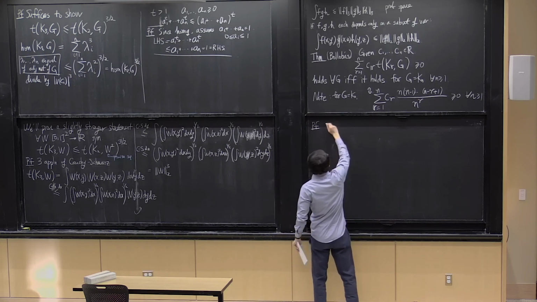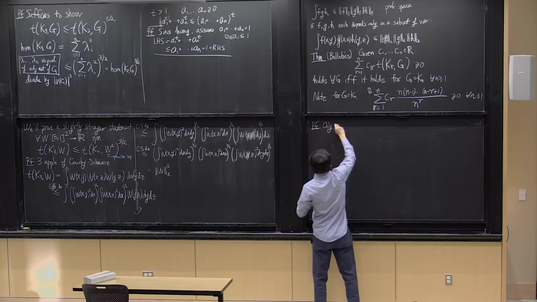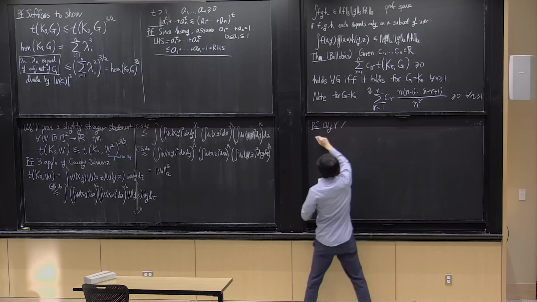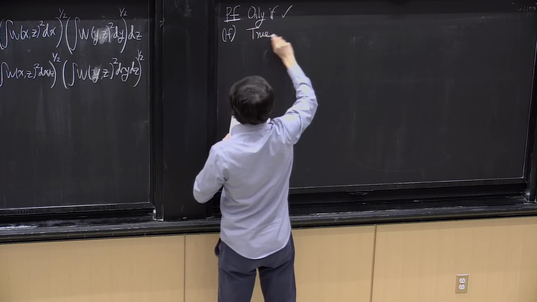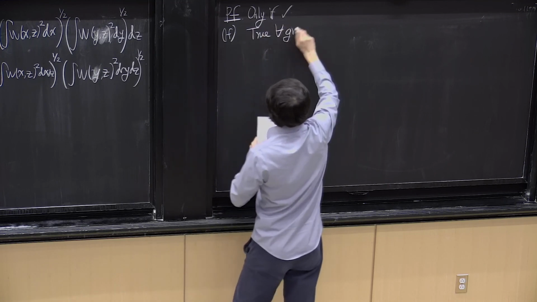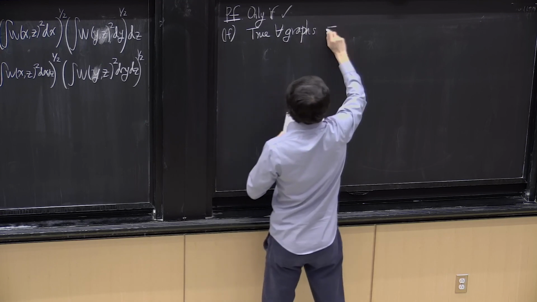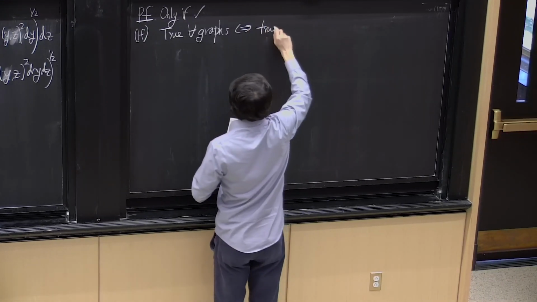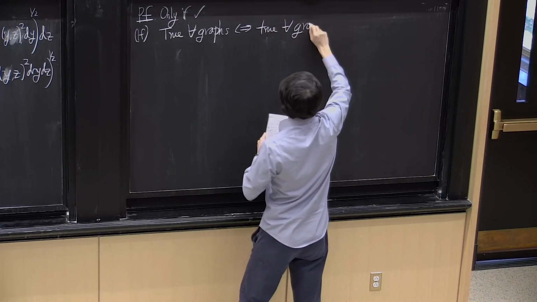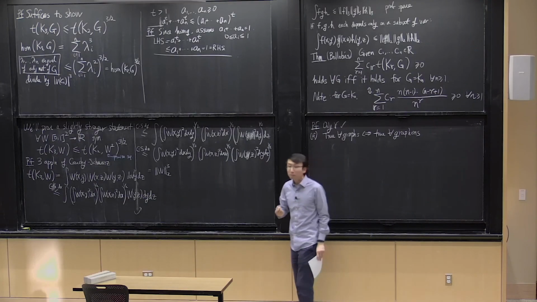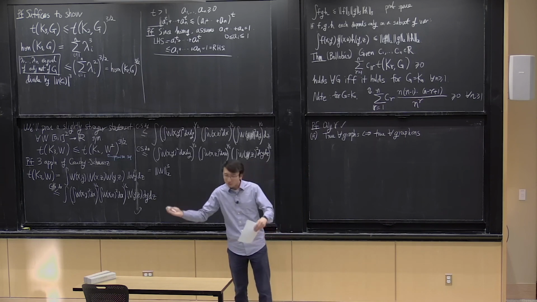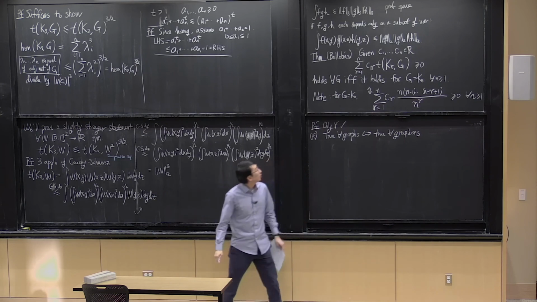The only if is clear. So for the if direction, first note that this is true for all graphs if and only if it is true for all graph functions, where I replace G by W, by the general theory of graph limits and whatnot. This is true.